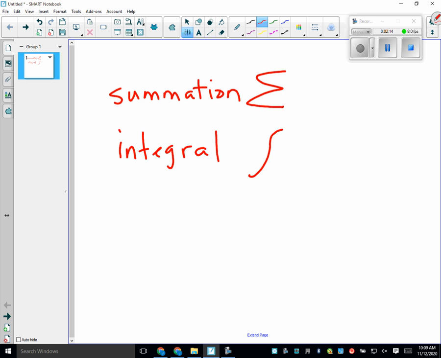The first thing we're going to do is change from a summation to an integral. That's all we're going to do at first. Then we're going to start evaluating our integrals by finding the area.